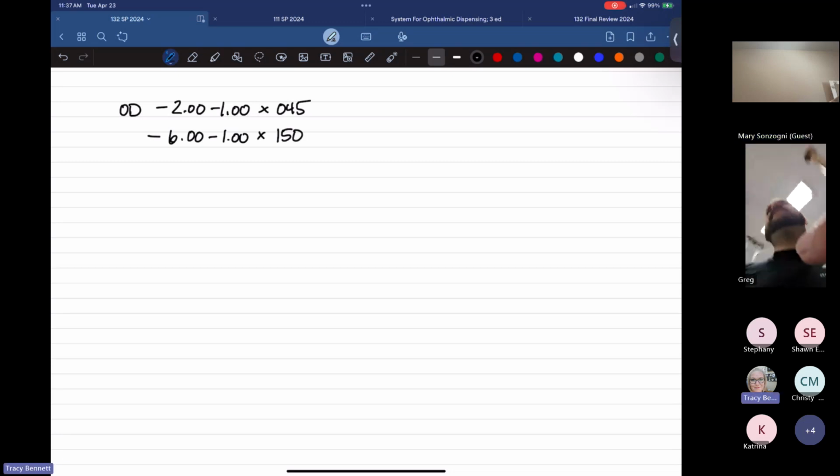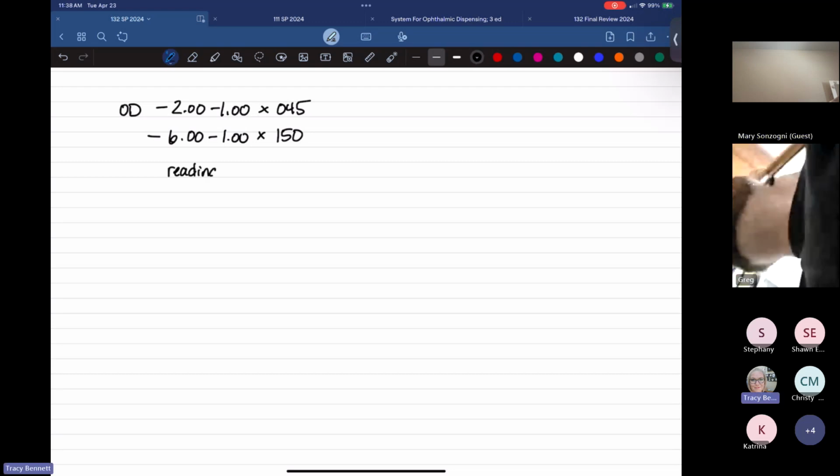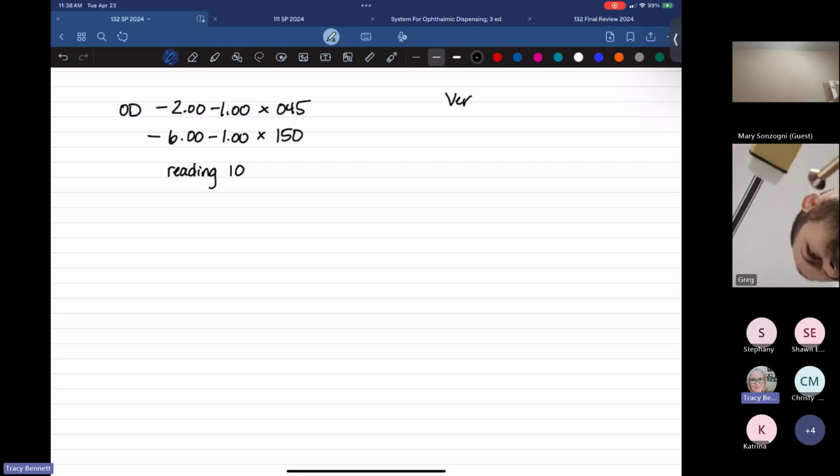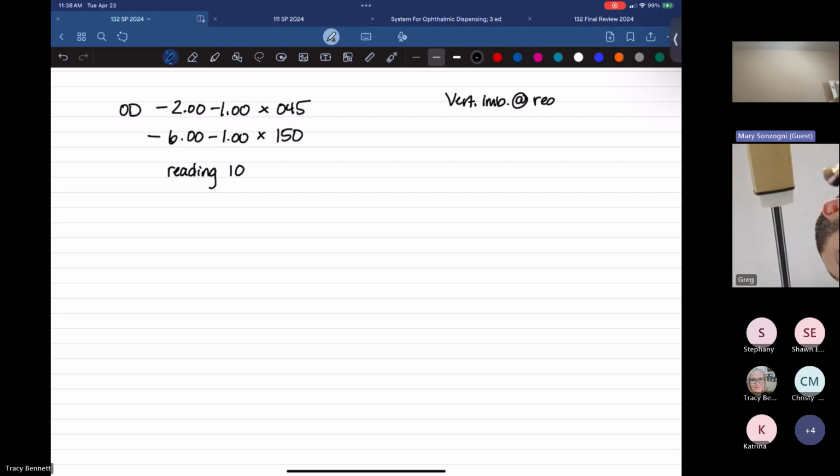And then we have a reading depth of 10 millimeters. Could be anything, could be 8, could be whatever. Then we say, okay, we'll find out what the vertical imbalance is at reading and determine and fix with a slab off.